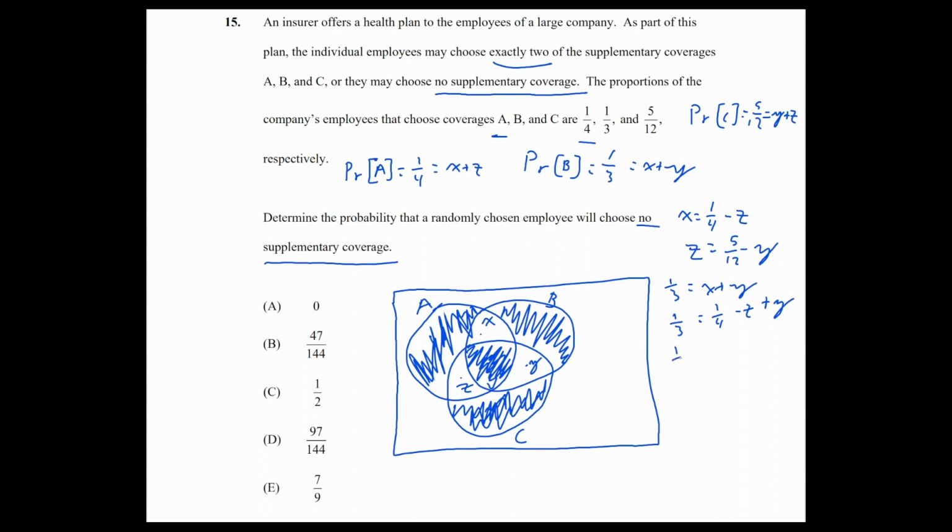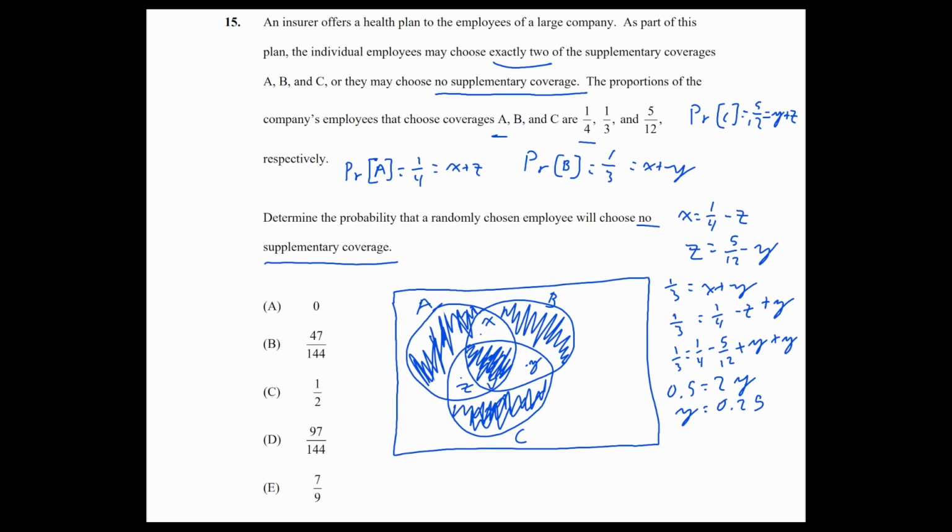So it's going to be 1/3 is equal to 1/4 minus 5/12 plus Y plus another Y. Okay, now let's just solve for Y. So it's going to be 0.5 is equal to 2Y. So Y is equal to 0.25.